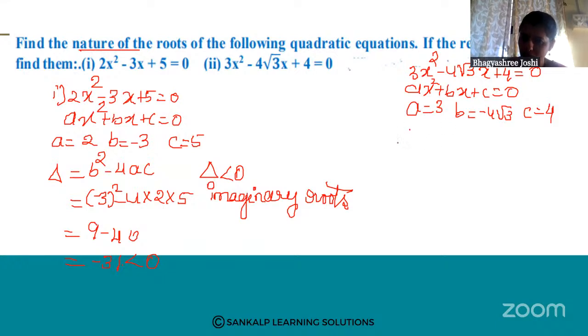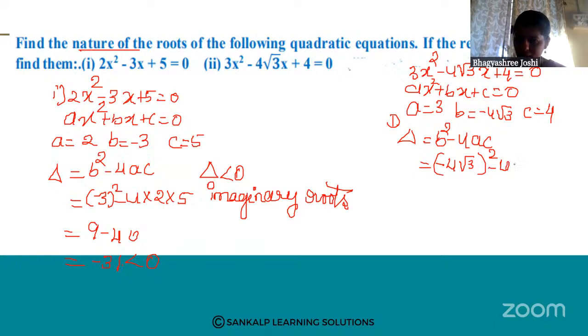Now discriminant delta, or D, is equal to b square minus 4ac. So what is the value of b? Minus 4 into root 3 whole square minus 4 into a value 3, c value 4.